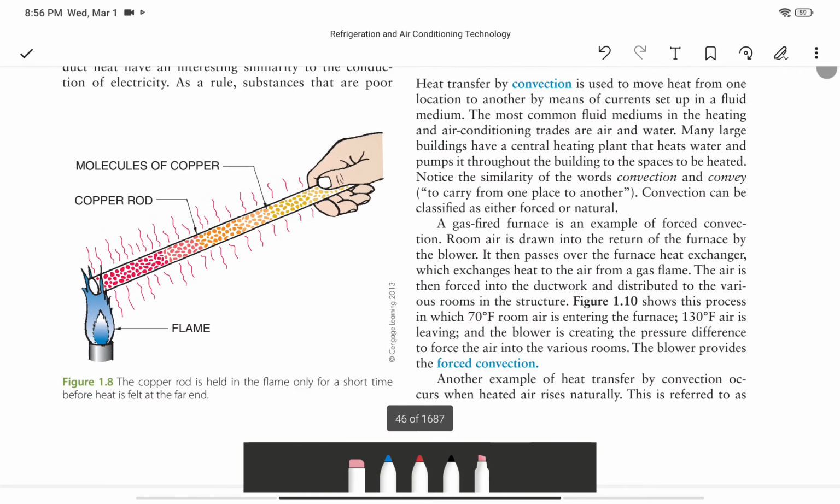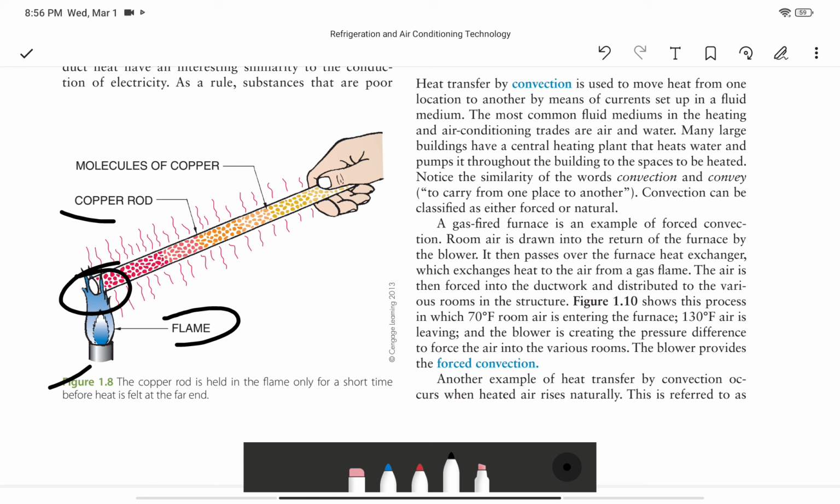Like this one, figure 1.8 here. This illustrates the conduction. So you have a flame, you have a copper rod, you heated this portion, and the molecules of the copper move, and then your hand feels the heat sooner or later.